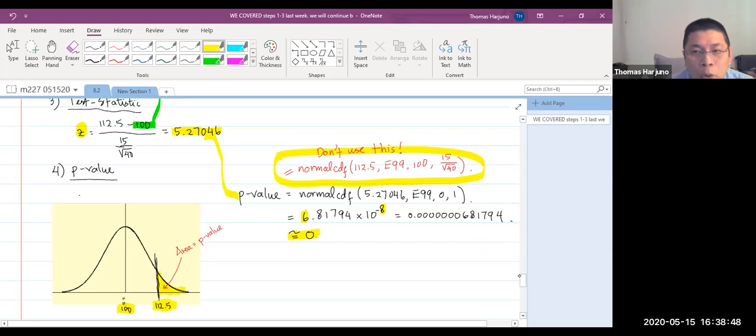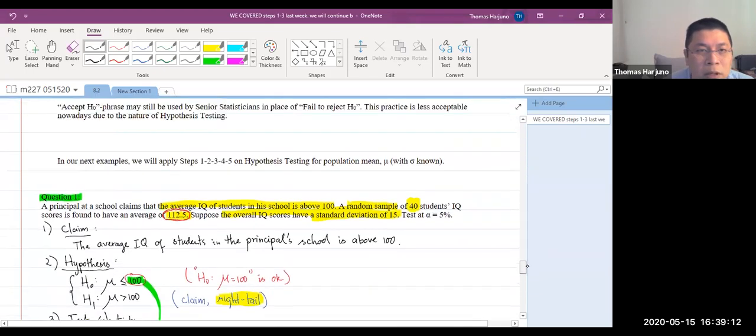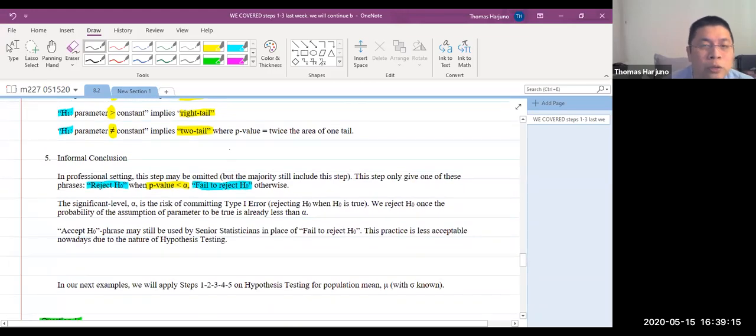So knowing that p-value, if my p-value is less than alpha, that's where step 5 comes in. Step 5, informal conclusion. Let's take a look. What do we do if we have the p-value less than alpha? We say reject null hypothesis.